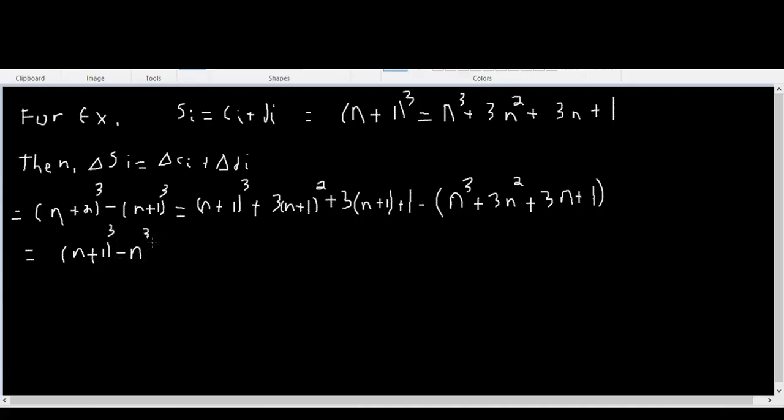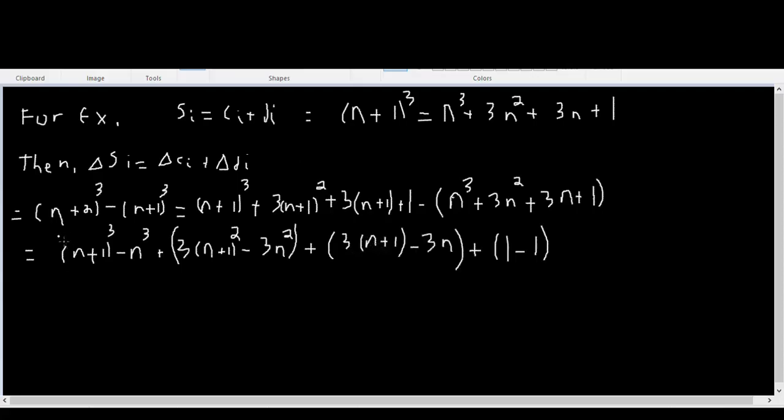Take away n cubed plus 3n squared plus 3n plus 1. We just grouped the terms in the same way we did in the beginning. Rearranging the terms gives us the following expression on the right-hand side.